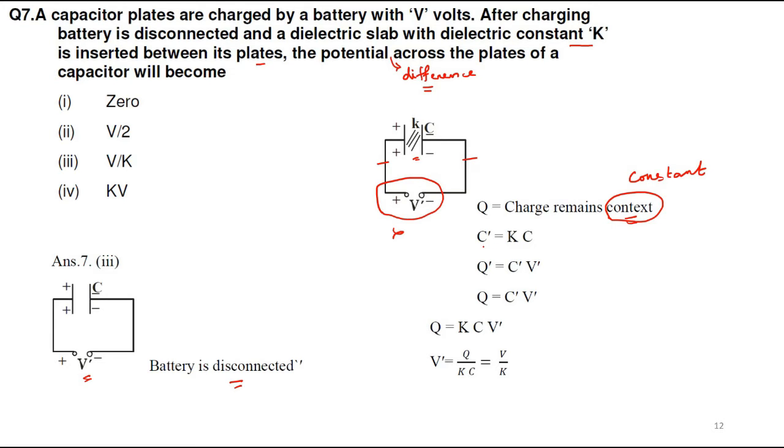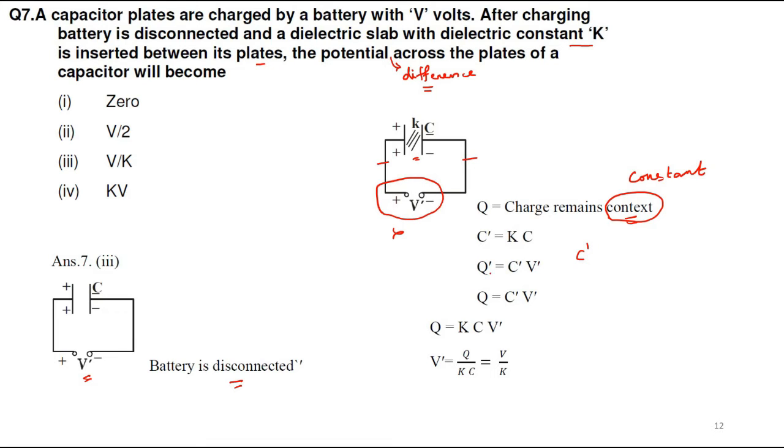C prime is the capacitance after the dielectric is introduced, C is the old capacitance, K is the dielectric constant. Q prime equals C prime V prime. You call this C prime rather than C dash; it is better to call this C prime, V prime, etc. So Q prime equals C prime V prime.